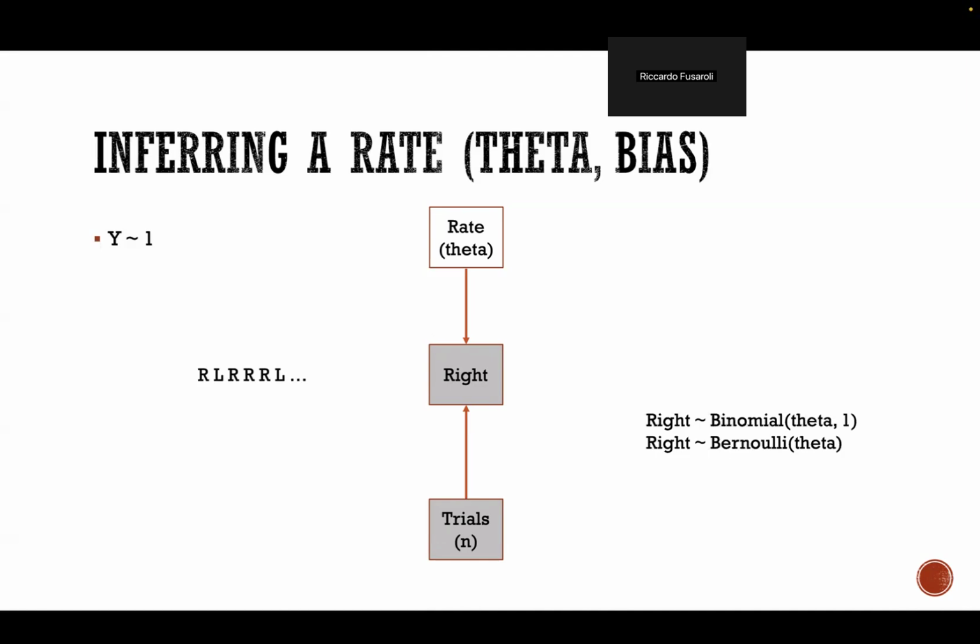So we would say in statistical notation that the choice of right is determined by a binomial distribution with a rate of theta and the n of trials of 1, or that the choice of right is determined by a Bernoulli distribution with a rate of theta. Exactly the same thing.